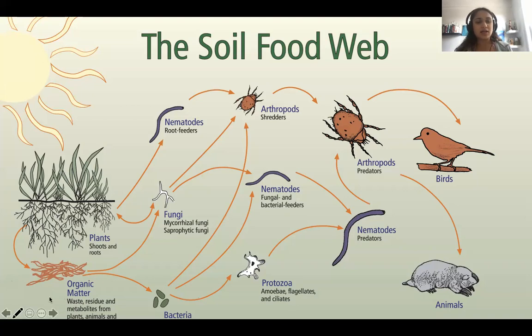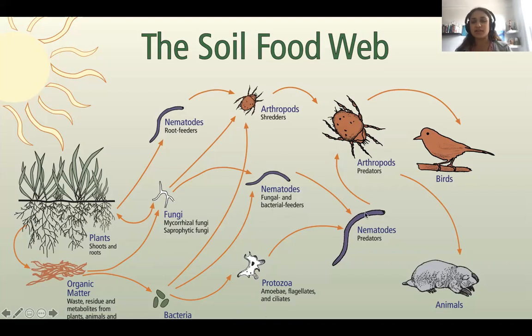After organic matter, bacteria and fungi start to break down that organic matter. And after that, what feeds on the fungi and bacteria are sometimes nematodes that are fungal and bacterial feeders. Protozoa such as amoebas, flagellates, and ciliates also feed on that bacteria and fungi.